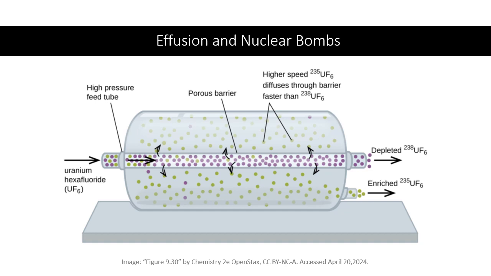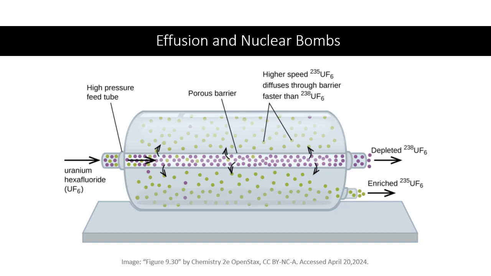So here we go. They put uranium hexafluoride through a porous membrane under pressure, and it would diffuse to a vacuum space, and the lighter U-235 would diffuse faster than the U-238, so they would slowly separate it over time.